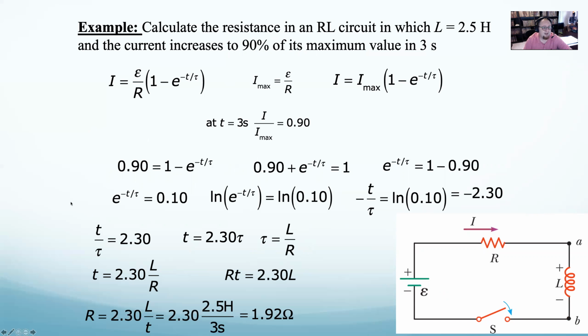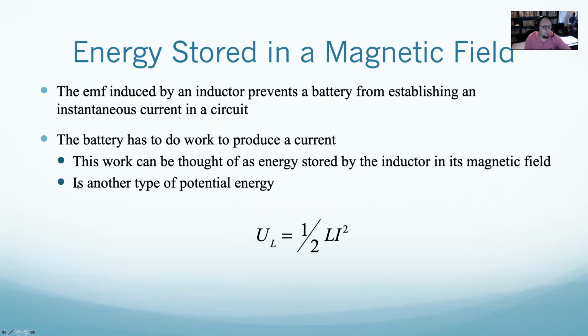Also, one last thing: if I take my inductor and have current through it, I'm going to be creating a magnetic field. If I'm creating a magnetic field, there's some energy involved with that. Anytime you have current through an inductor, the EMF induced by the inductor is going to prevent things from happening right away.